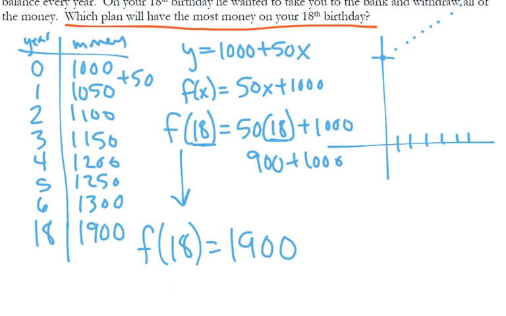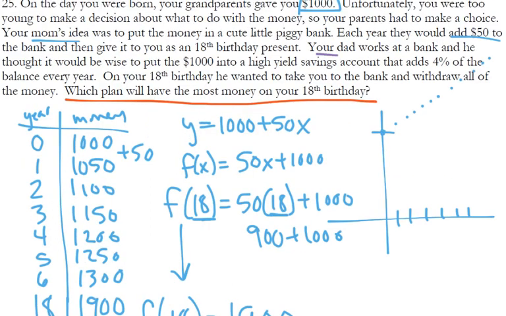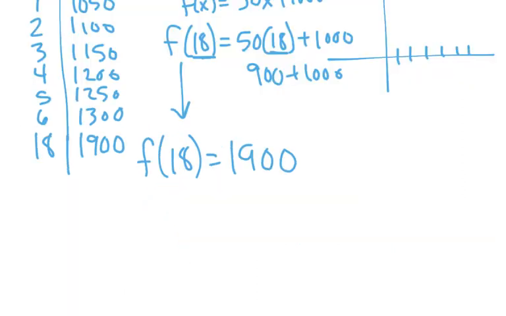Okay, now let's see about another. So now let's take a look at what your dad wanted to do. Okay, so that was your mom. So he said we put it into a high yield savings account that adds 4% of the balance every year. So remember, we use that formula, the principal times 1 plus the rate to the t.